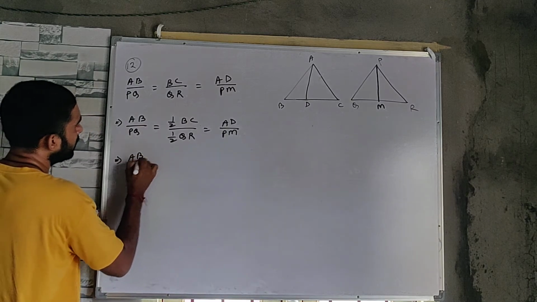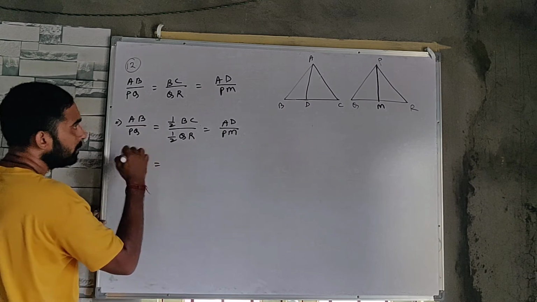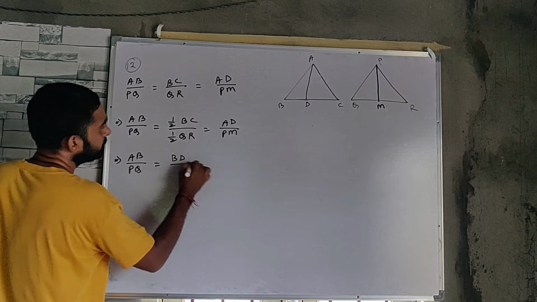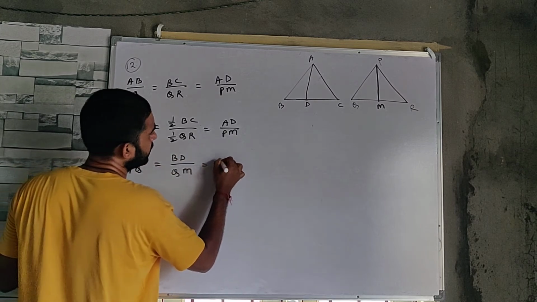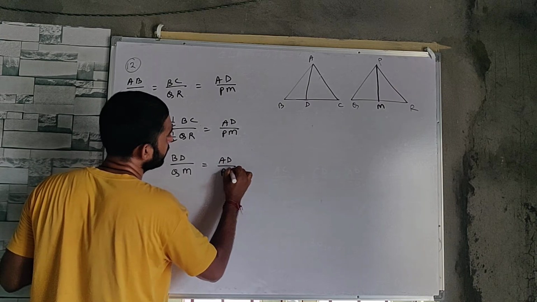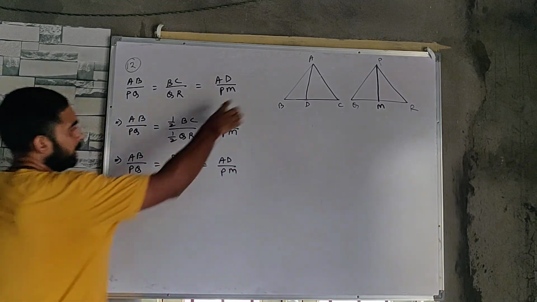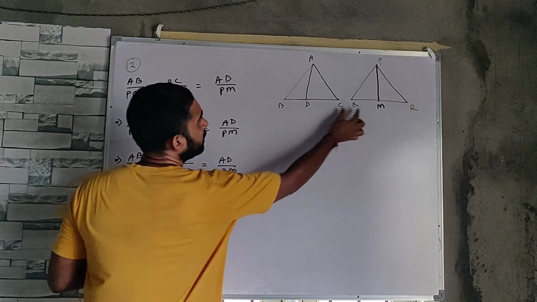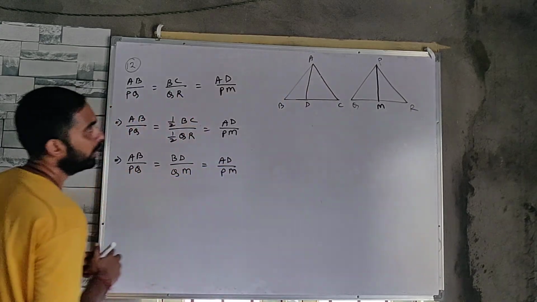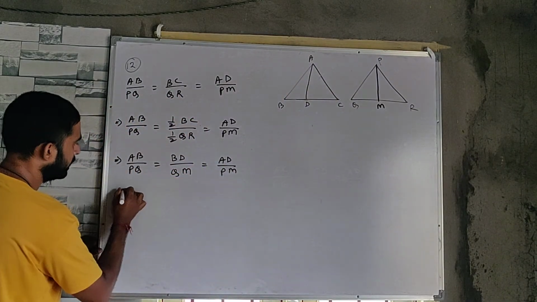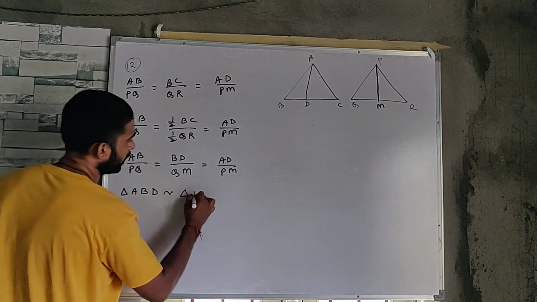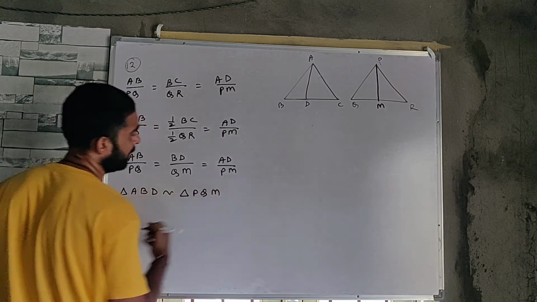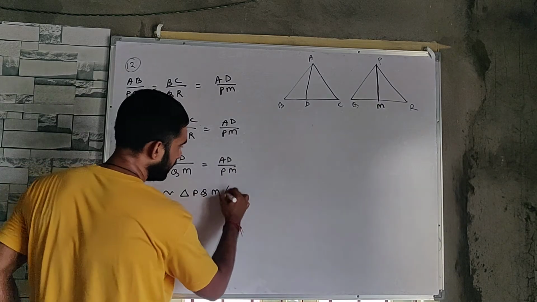So AB by PQ equals BD by QM equals AD by PM. So triangle ABD is similar to triangle PQM by side.